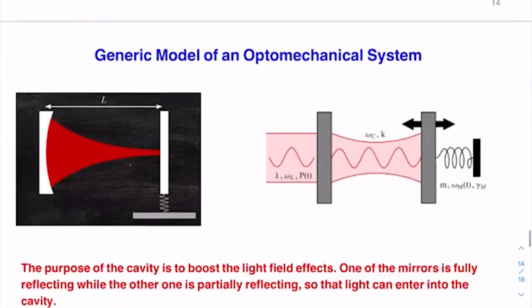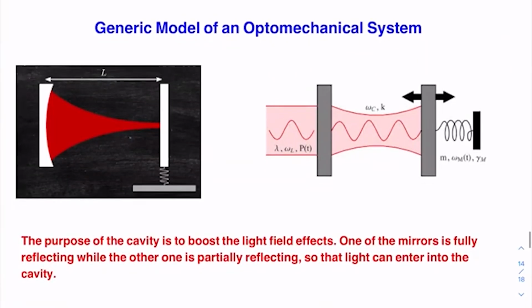So now the generic model of an optomechanical system is shown here. It is a system with two mirrors, with one fixed and the other movable. The movable mirror is characterized by mass m, oscillation frequency omega m, and a phonon decay rate gamma m. As you know, this mirror is movable, that means it is vibrating, and the quanta of vibration is called phonon.